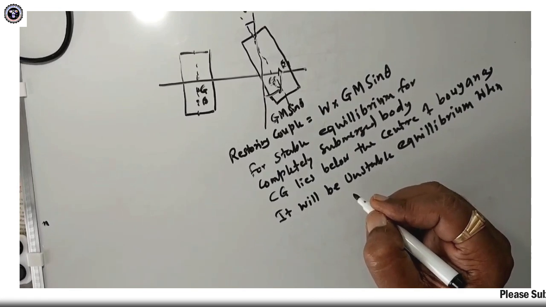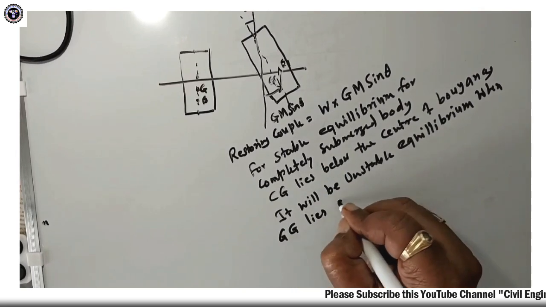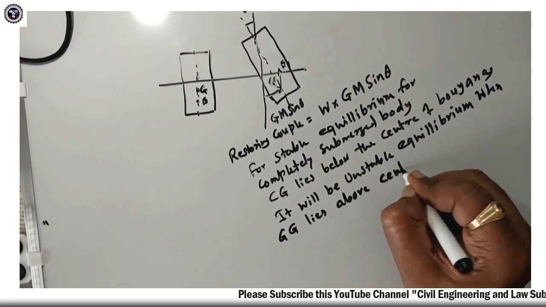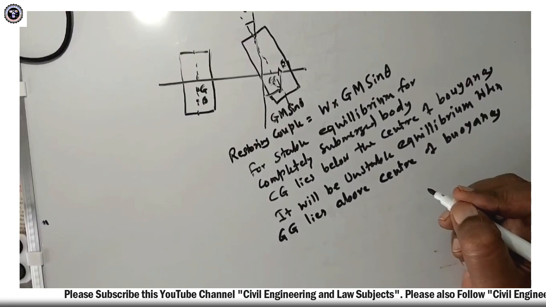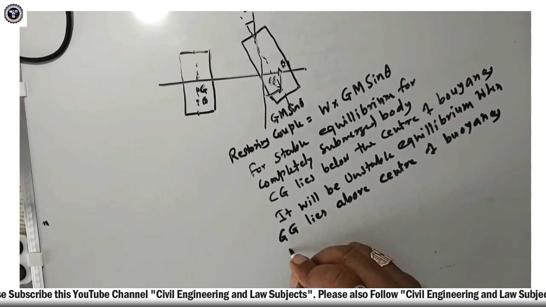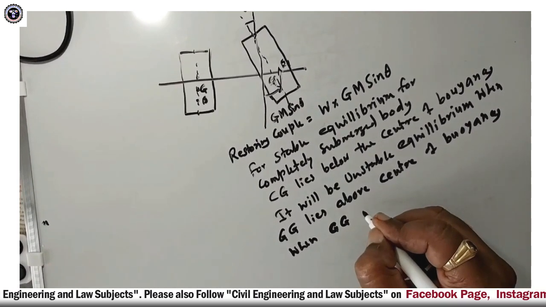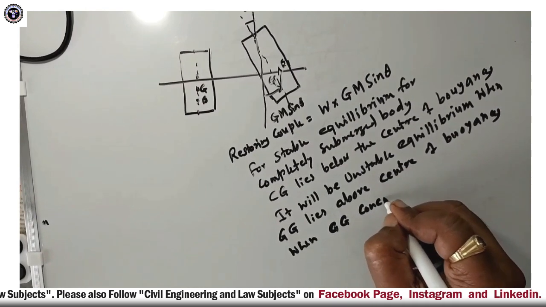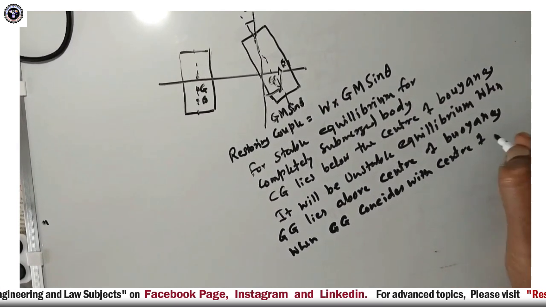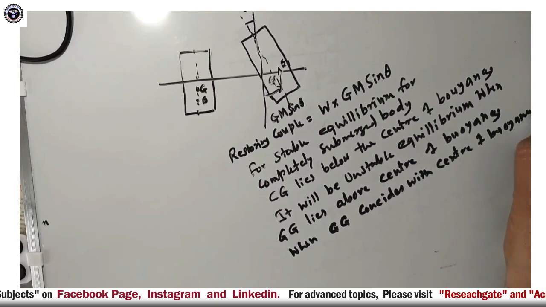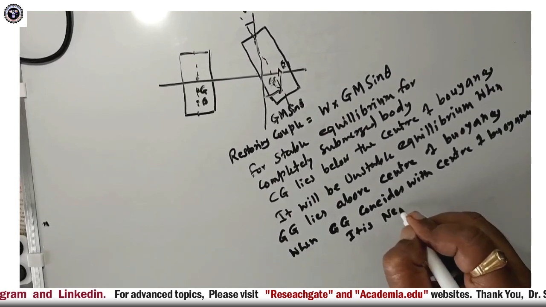Unstable equilibrium when CG lies above the center of buoyancy, and when CG coincides with center of buoyancy, it is neutral equilibrium.